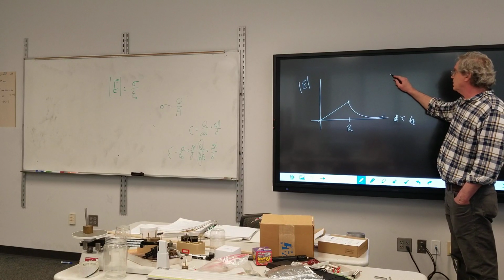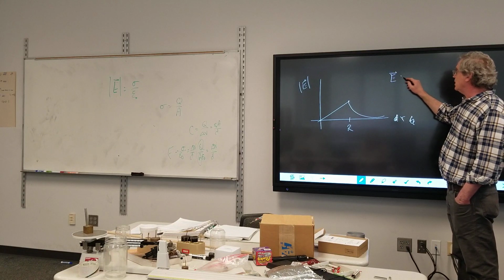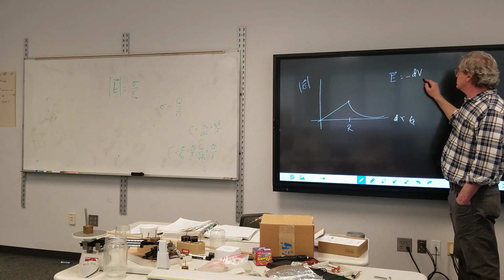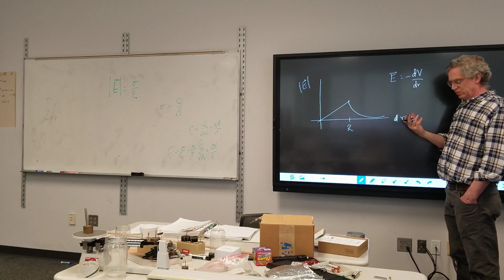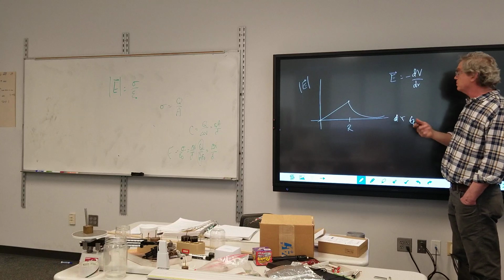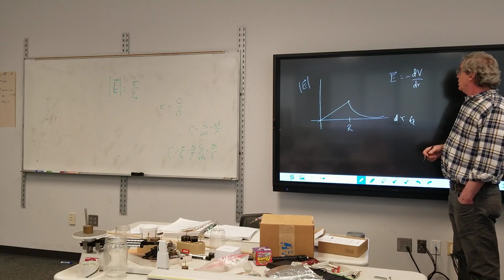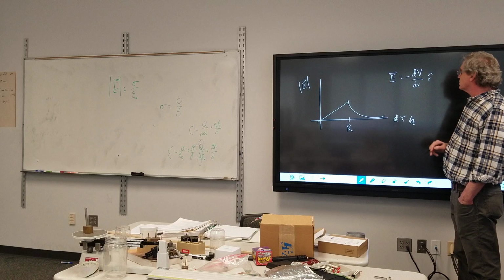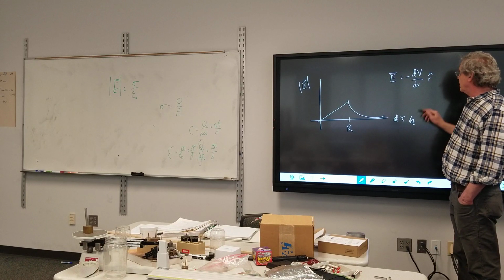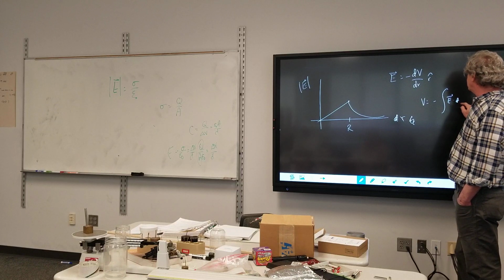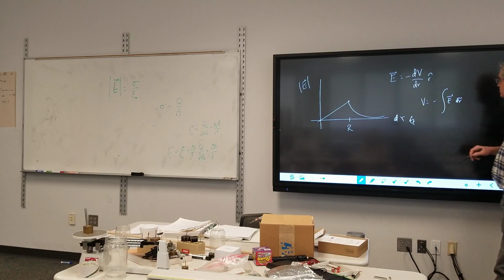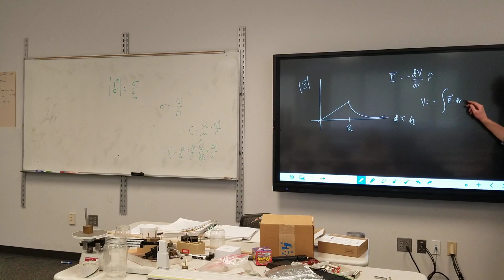I know that E is negative dV dr R hat, if there's only a dependence on r. So V would be the negative integral of E dot dr. If you're going to approach it from this point of view, it's the area under the curve.